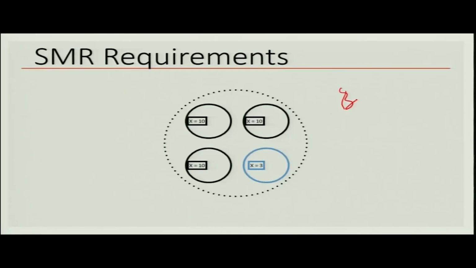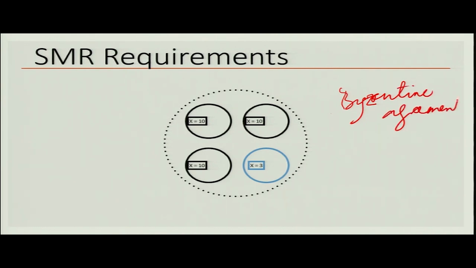So, I have to ask at most how many generals or how many replicas can go Byzantine, and I can still guarantee correct service to the customer, and that is the problem of Byzantine consensus or Byzantine agreement. So, here we have a Byzantine agreement problem.